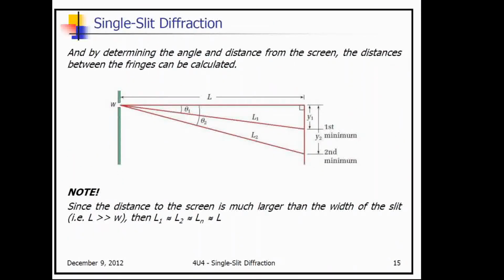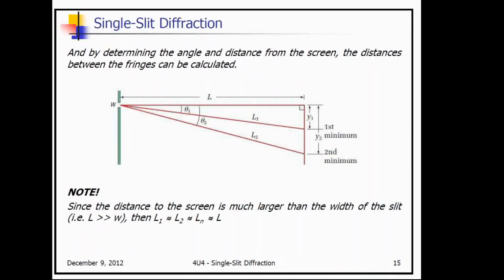Okay, so moving on, let's look at other ways we can analyze this. It says by determining the angle and distance from the screen, the distances between the fringes can then be calculated. So we're looking at finding out what's the, it's not the delta x, but we're looking at the distance between.